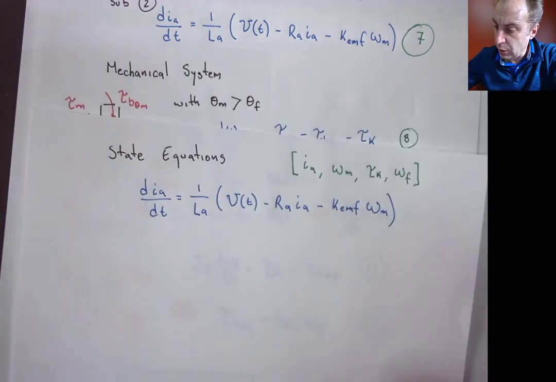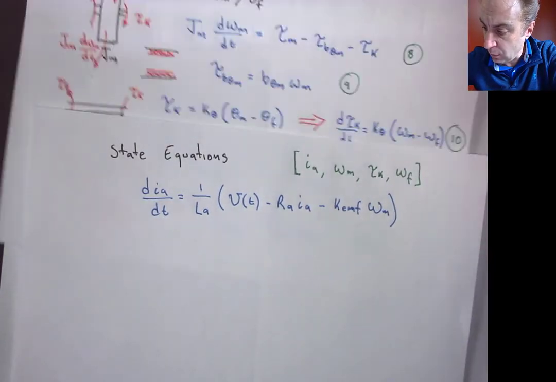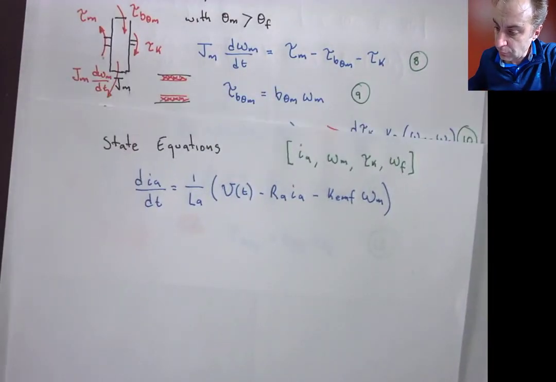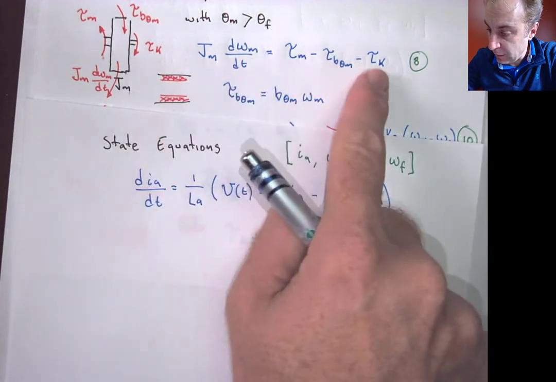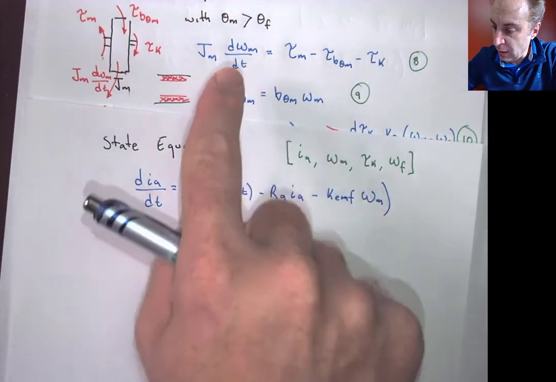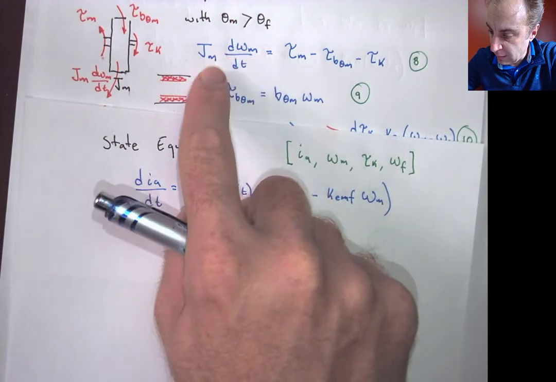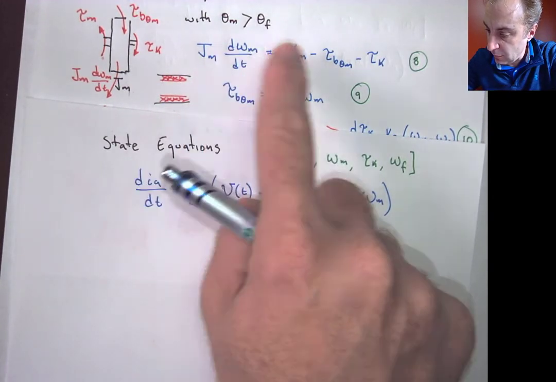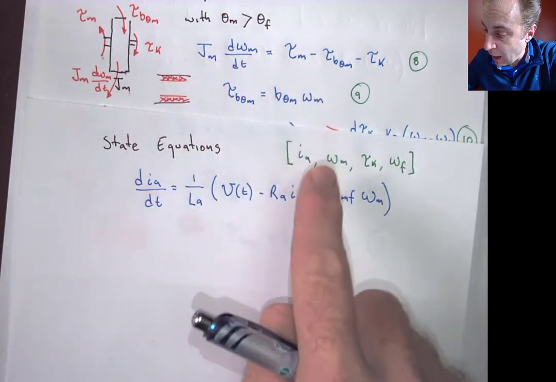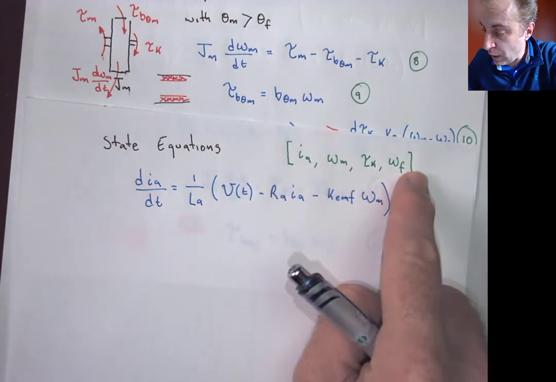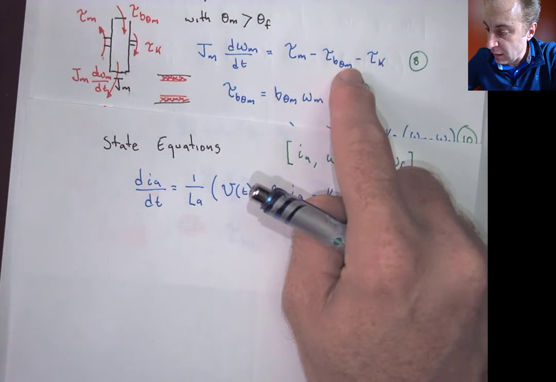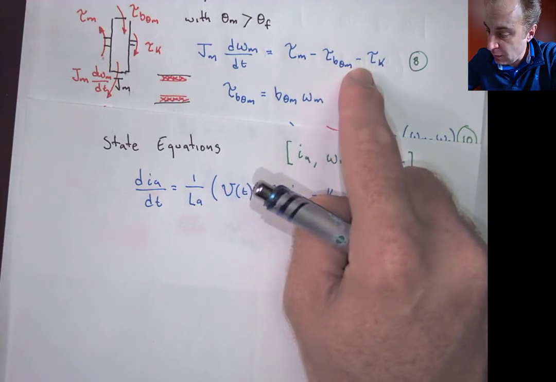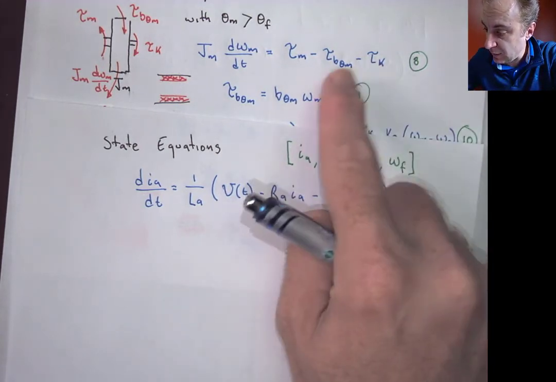So what we're going to do is go to our first inertia element, which is this one here. And here we have tau m. Now, tau m is not one of the state variables. Then we have tau b theta m, which is also not one of the state variables.